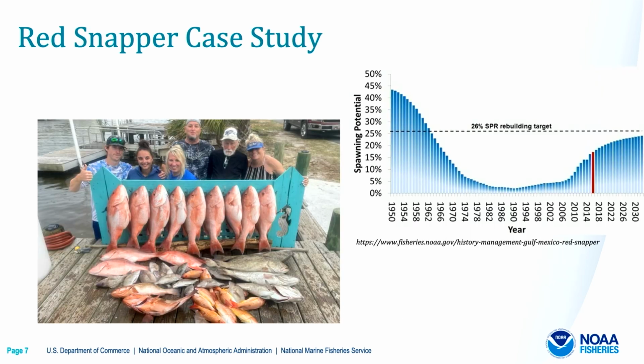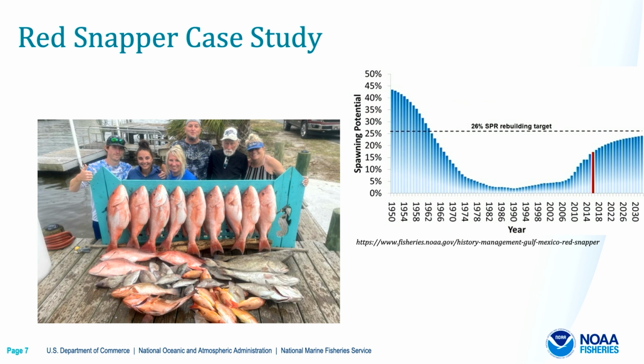We used these methods and applied them to the red snapper in the Gulf of America. Red snapper, for those who aren't aware, is probably the most economically important species in the Gulf, targeted by both recreational and commercial fishermen. And it is currently undergoing a pretty substantial rebuilding plan after some significant overfishing in the late 80s and 90s.